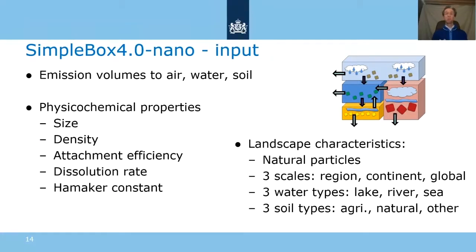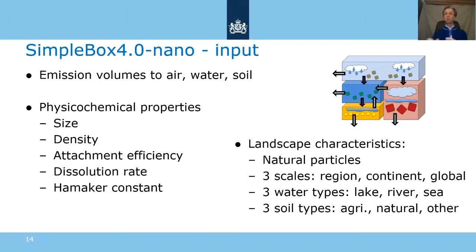The Hamaker constant is related to the interaction between a particle and another particle in water. Of course, this is done for a certain landscape scenario, right? This is, for example, the EU with a certain catchment, the Rhine catchment, which is the default scenario in SimpleBox. So you don't really need to input a lot of these numbers. There are already defaults given for you.